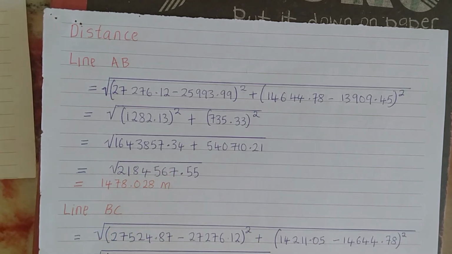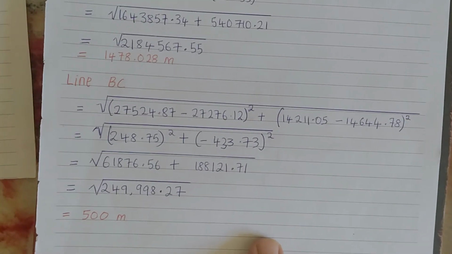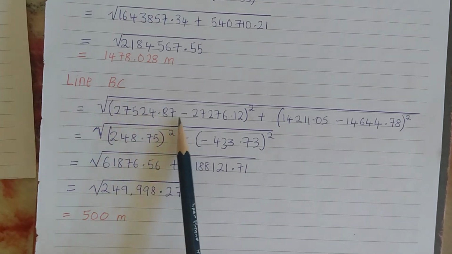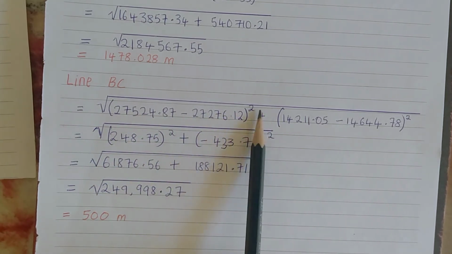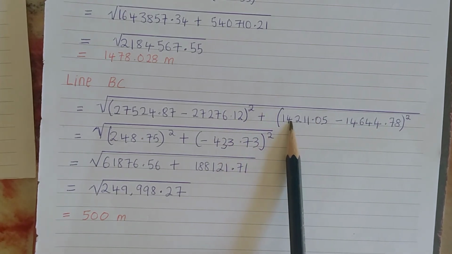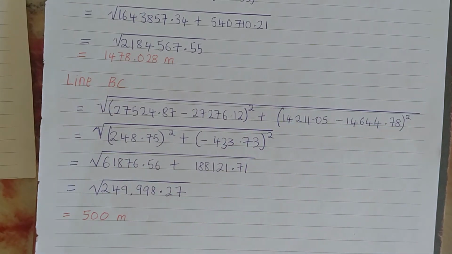When you find the square root of this, you'll get your answer as 1478.028 meters. Then for line BC, you do the same. So this is our easting 2 minus easting 1 squared, and then this is our northing 2 minus northing 1 squared. When you calculate all and find the square root, you'll get 500 meters.